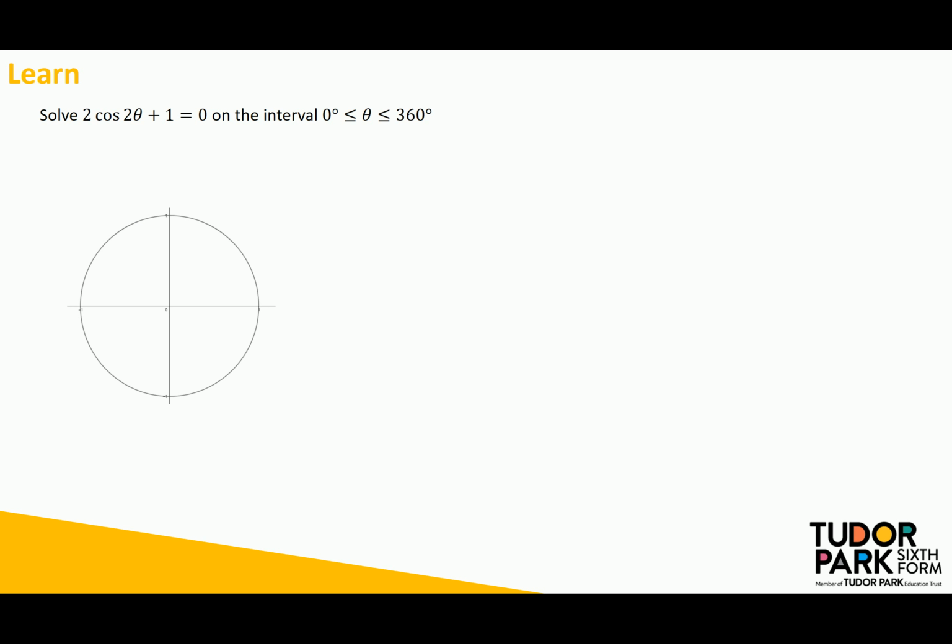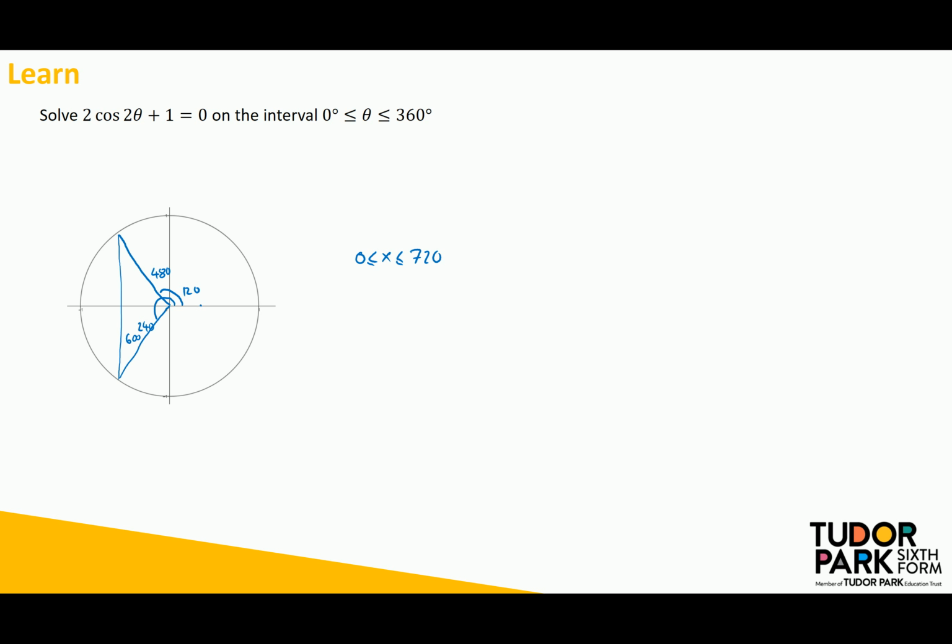Let's map these things out. So on my graph, I'm going to draw on 120 degrees. And my other solution, this is cosine this time, is going to be down here at 240 degrees. Now, this time my range is 0 less than x less than 720. So from 240, I wrap round back to 360, and another 120 would take me to a further solution of 480, and another 120 would take me to a further solution of 600, and then I end up back here at 720.